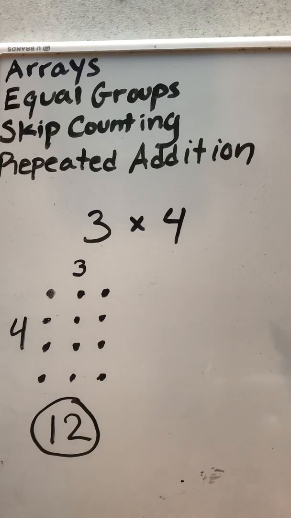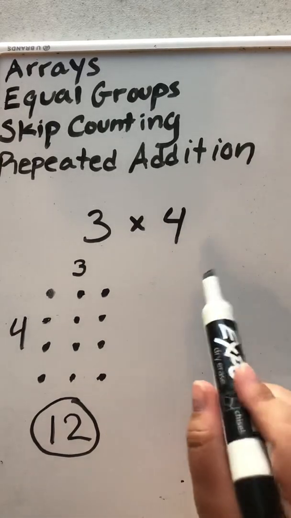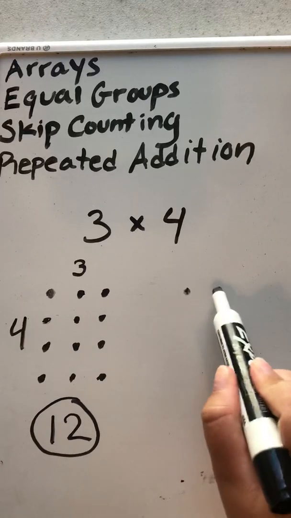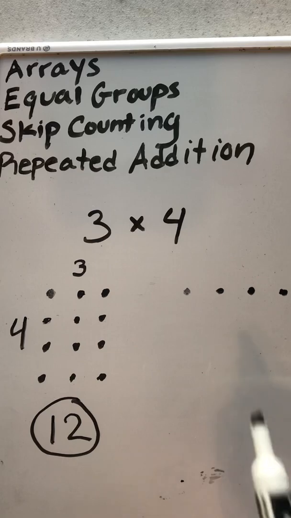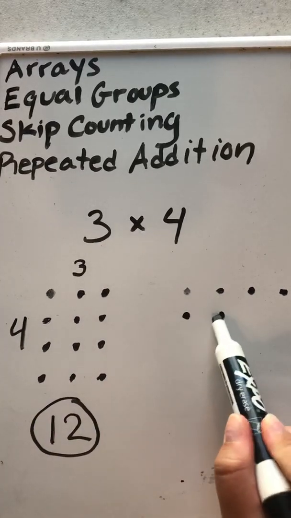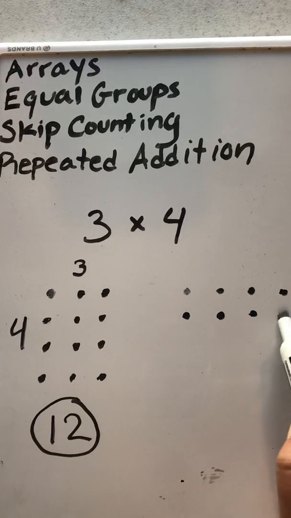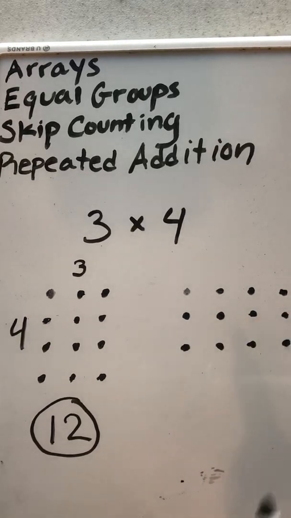I could draw this in a different way. Instead, I could use 4 in my rows, 1, 2, 3, 4, and I could have 3 rows of 4. 1, 2, 3, 4, 1, 2, 3, 4.